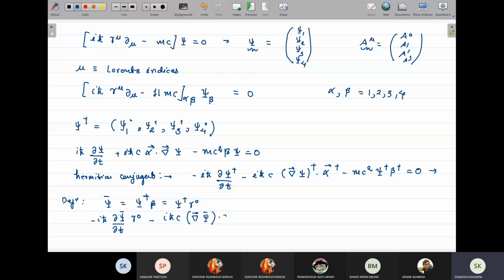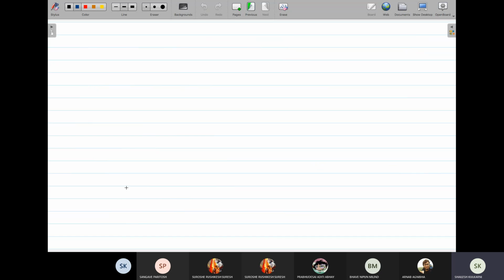So this will be this, minus mc square. Now here we don't have to do anything, so this is just psi, equal to 0. Right? So this I can write. So it will be i ħ.